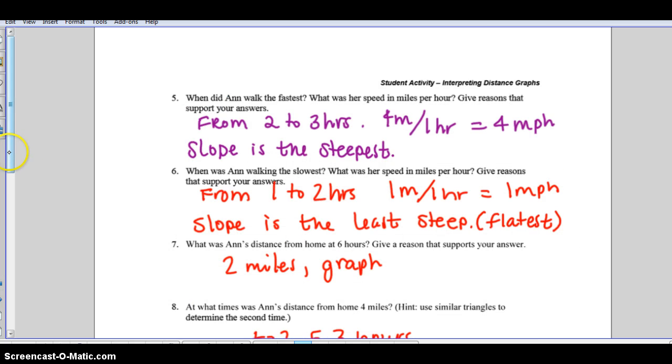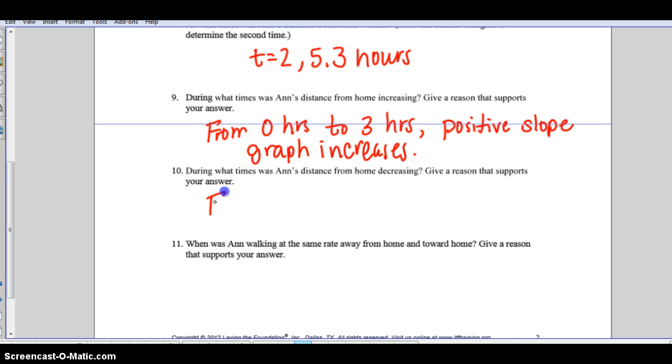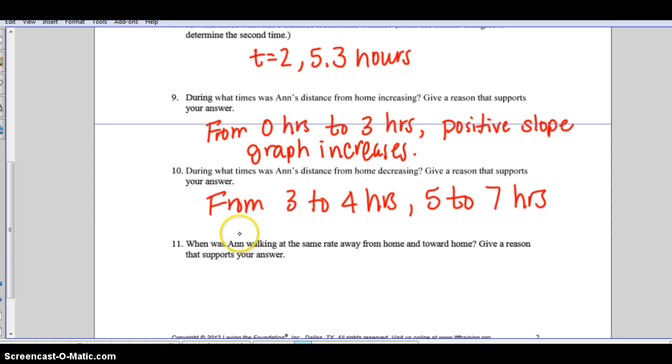So we would say from 3 to 4 hours, and then from 5 to 7 hours, and that would be because we have negative slopes. That's where the graph decreases.